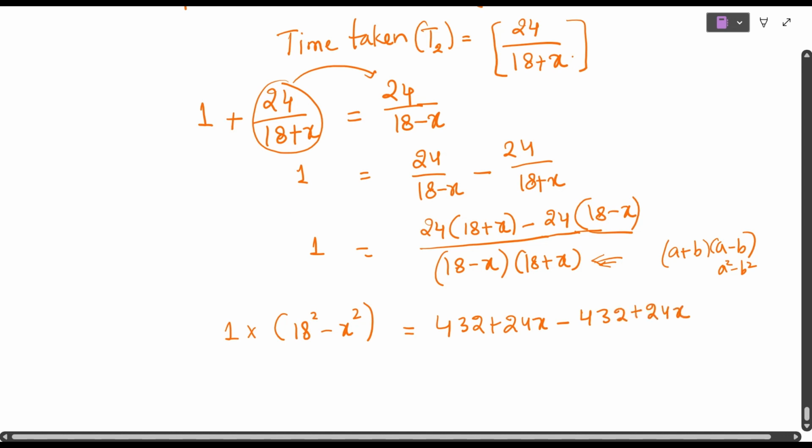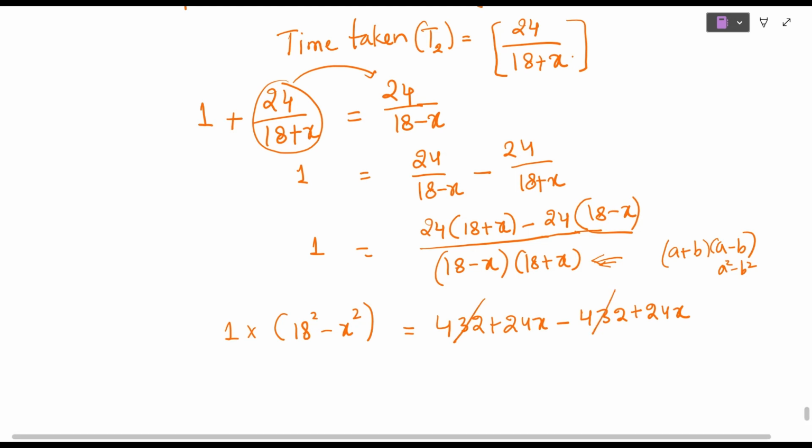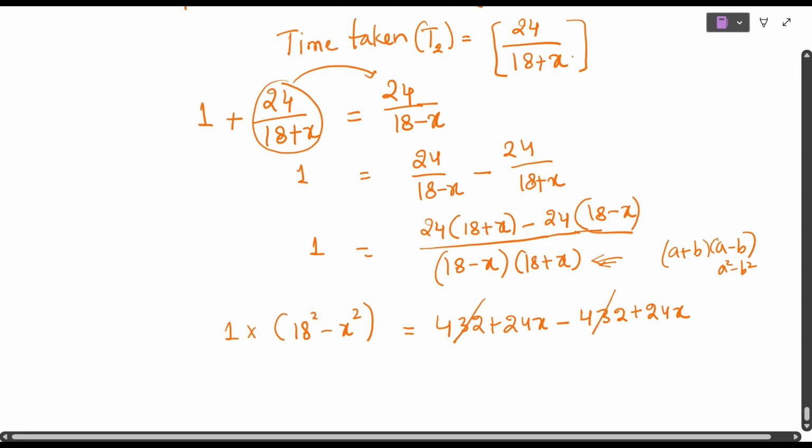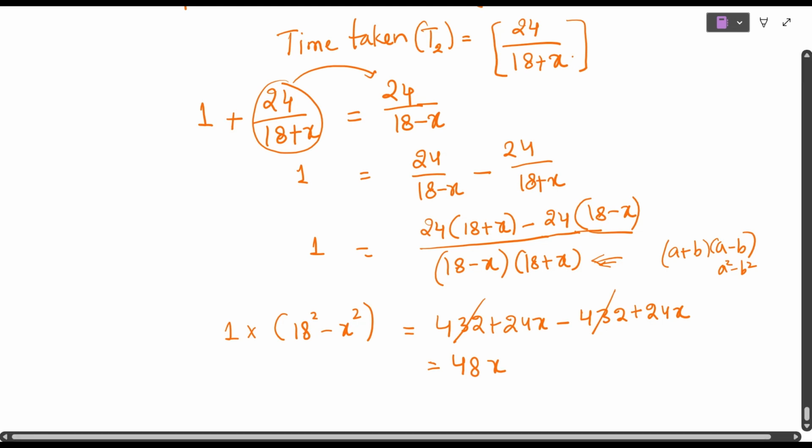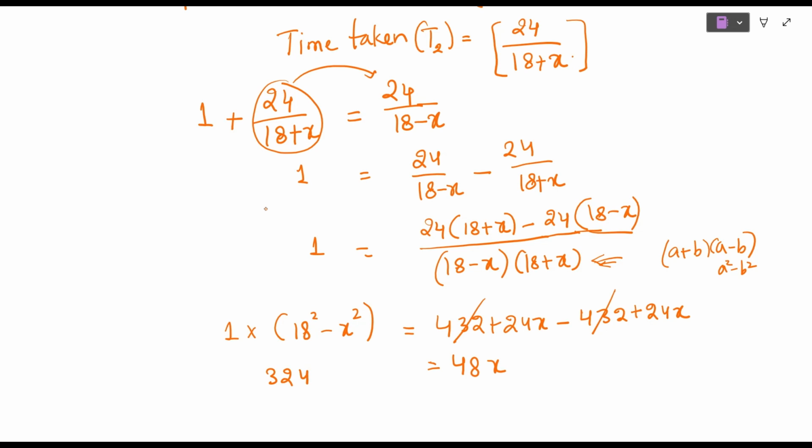Plus minus gives 0. 24x plus 24x gives 48x. And this side 18 into 18, 18 square is how much, students? 324, minus x square.